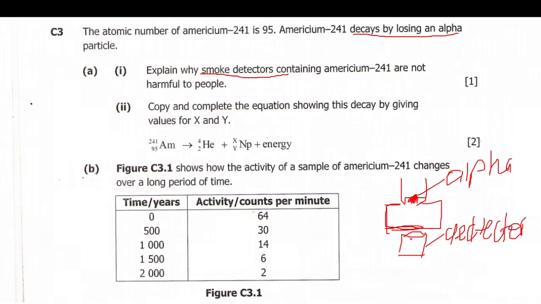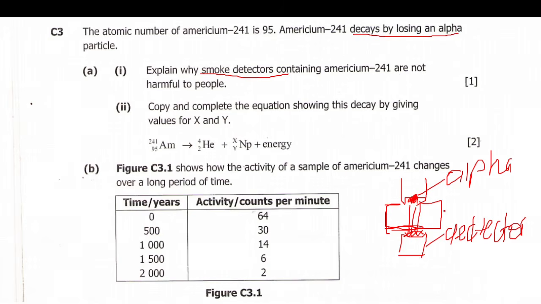When they are emitted here, they pass here and they are recorded. Their presence is recorded by the detector here. So when they are emitted, they come to the detector here. That's what happens in a smoke detector.